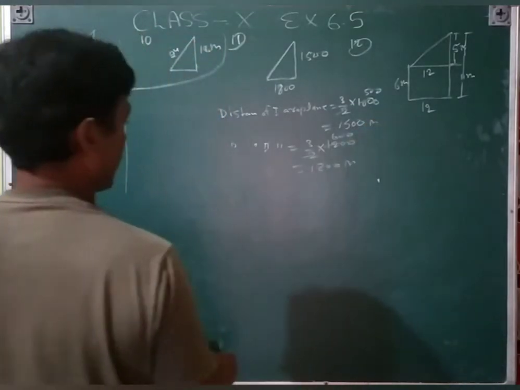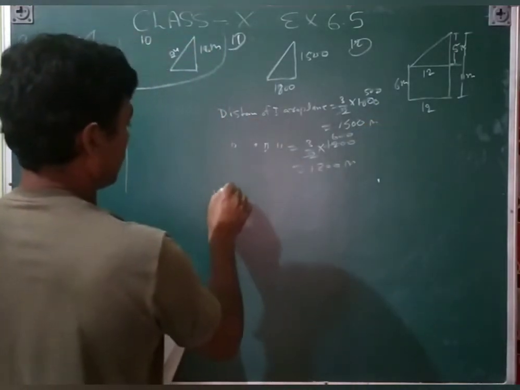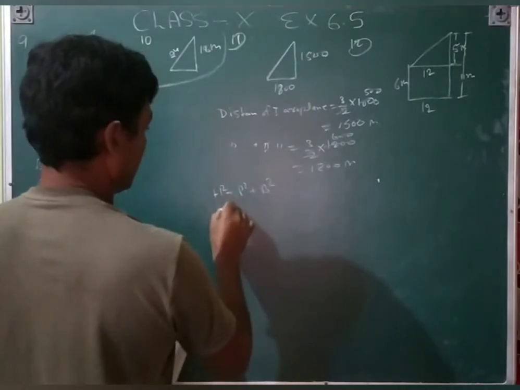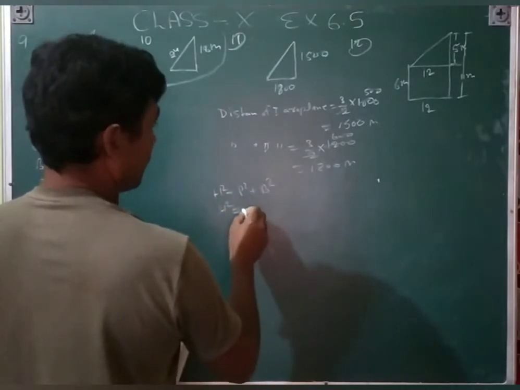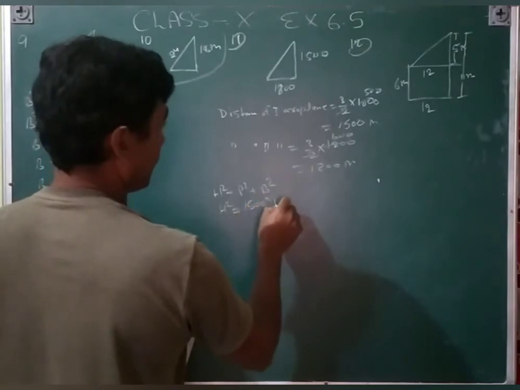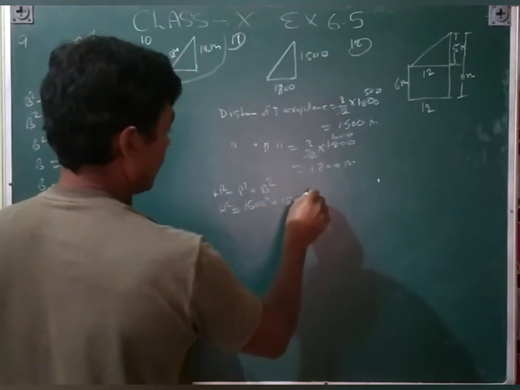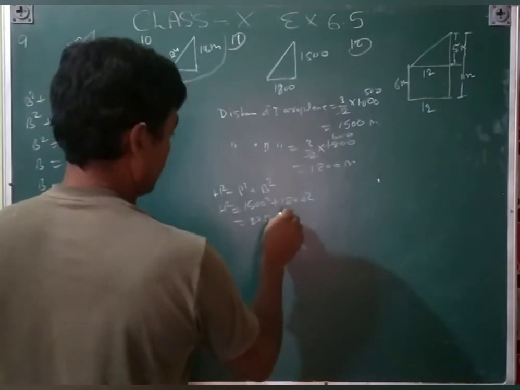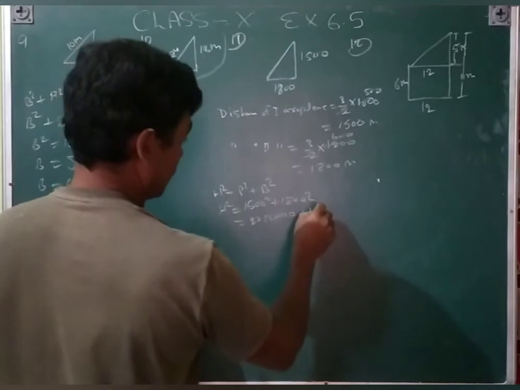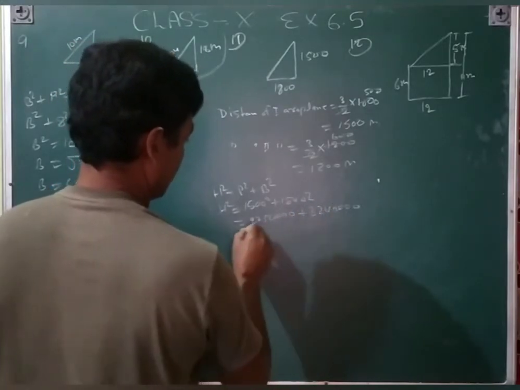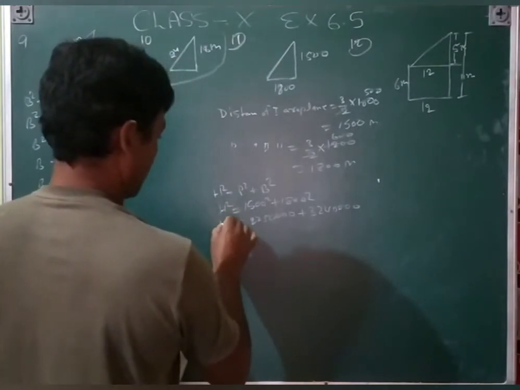So we need to find h square. h square is equal to p square plus b square, so h square is 1500 square plus 1800 square, that is 225 0000 plus 324 0000.